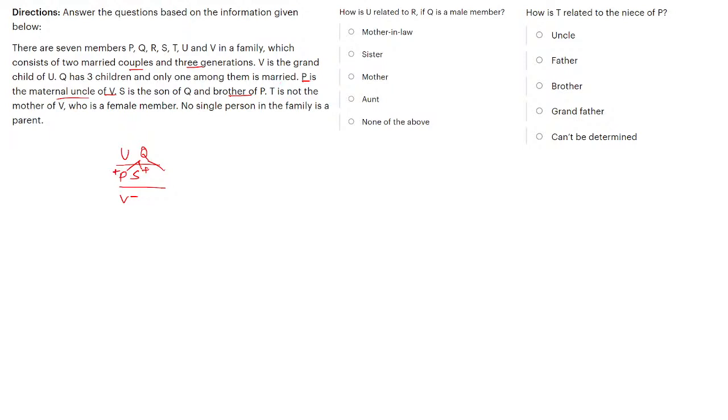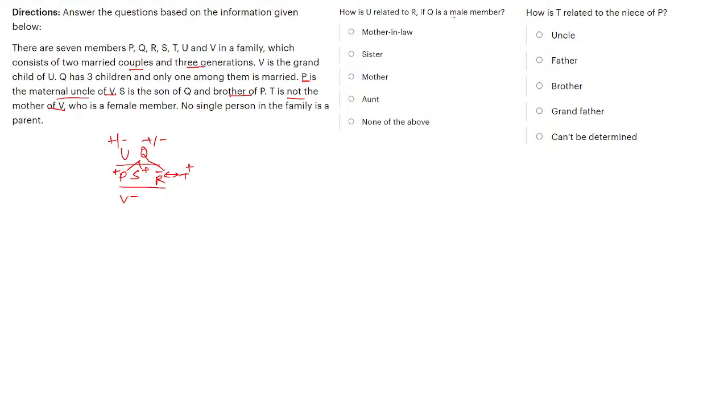But maternal uncle means Q should have a daughter here. And it's also saying that T is not the mother of V, that means T is the father here, the son-in-law of Q. Here only R is left, and the gender of U and Q are not known. Depending upon the question, we will just manipulate it.